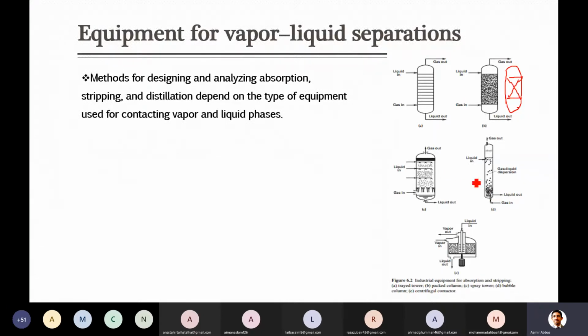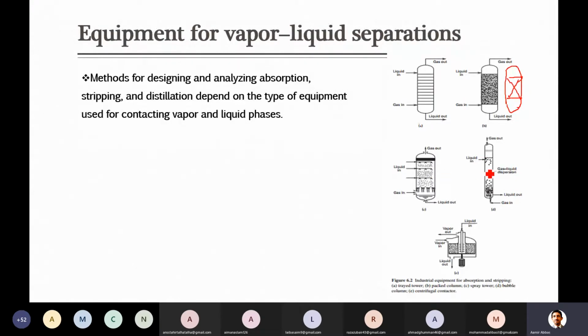The difference between these two, C and D, the spray tower and the bubble column, is that in the spray tower you still distribute liquid with the help of nozzles in the form of droplets, while in the bubble column the liquid stream is continuous.